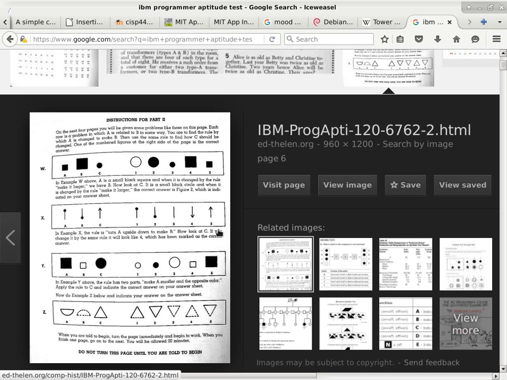And apparently, the tests are very accurate. People who ace these tests usually turn out to be top-notch programmers, coders, software engineers, and that sort. So you might want to take a test like this just to see how you do. It's an aptitude test, which means it probably does not require a lot of training or studying.